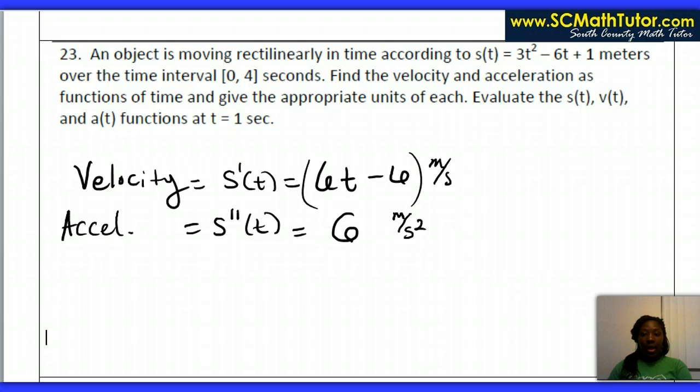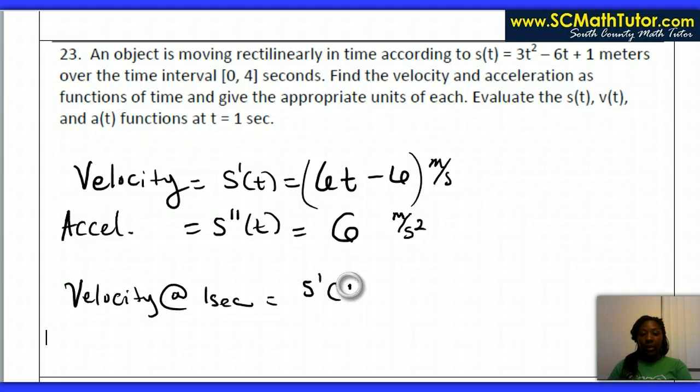Okay, evaluate s of t, v of t, and a of t at 1 second. So I'm guessing that's where the unit comes in. So the velocity at 1 second is equal to the first derivative at 1 second. So this is 6 times 1 minus 6.